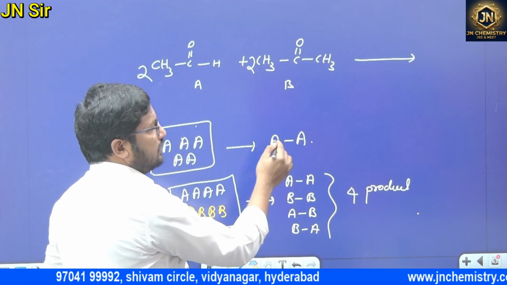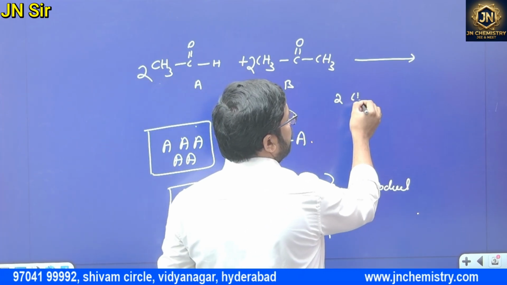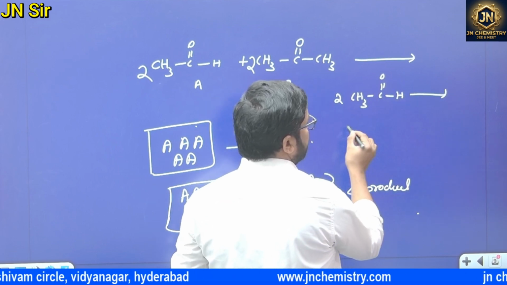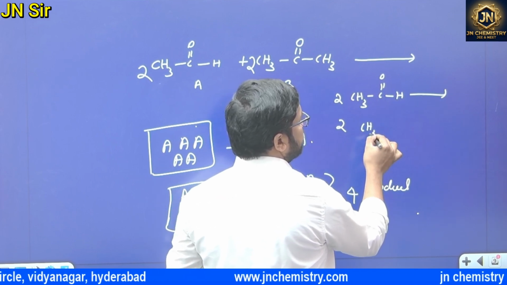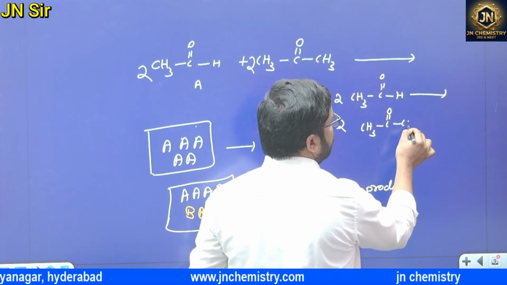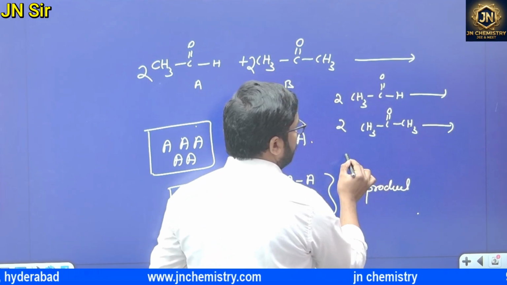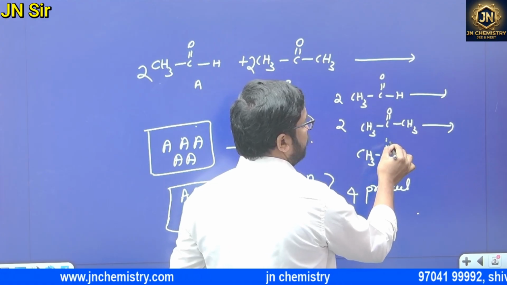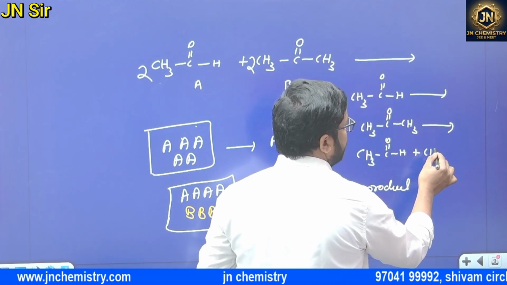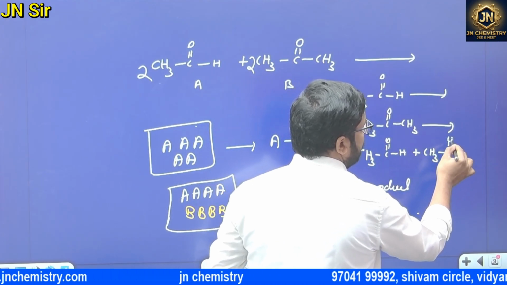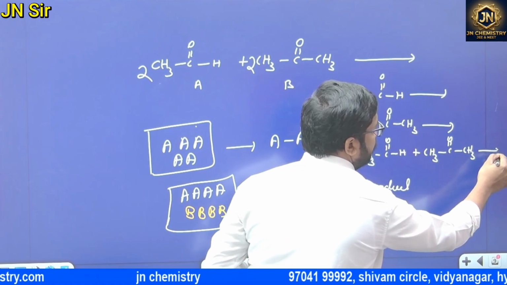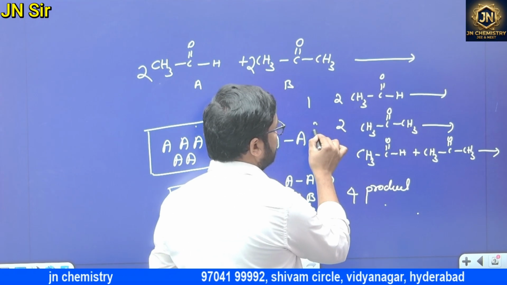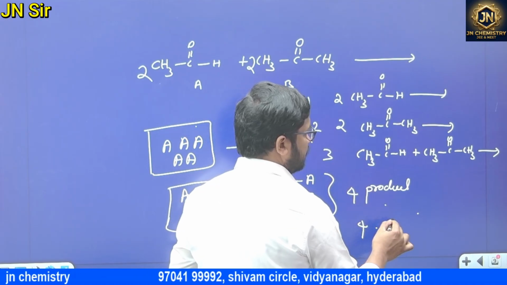First AA, I am writing the 4: the first reaction which we did, this is one type of reaction that takes place. The second type of reaction is like this, CH3 C double bond O, CH3. The third one is CH3, C double bond OH, CH3, C double bond O, CH3. And you can exchange like this: 1, 2, this is 3, and the 4th one is the reverse of it.